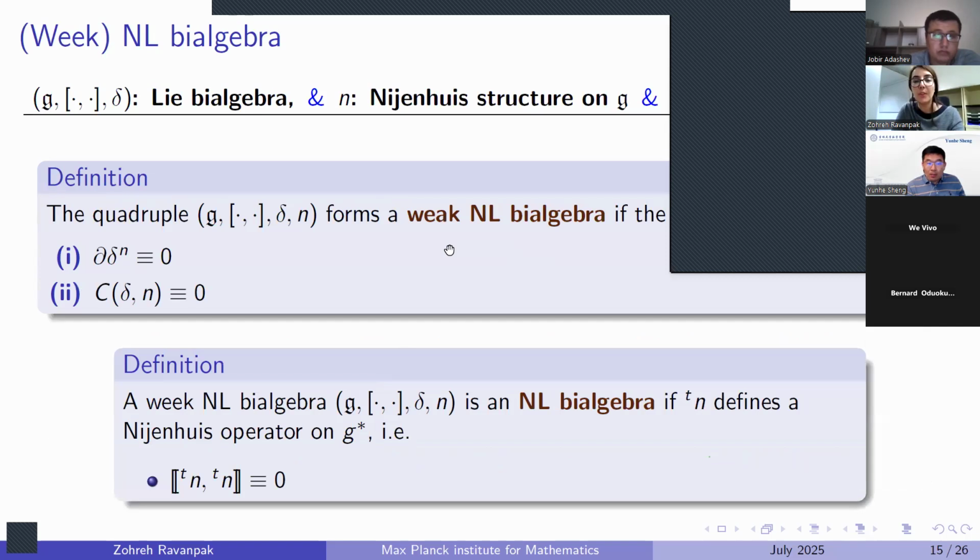The definition of NL bialgebra is that delta and n satisfy these two conditions: the first says that the left-hand side is a bialgebra, the second says that in the middle. So you mean for a weak NL bialgebra, the double deformed algebra is again a bialgebra.